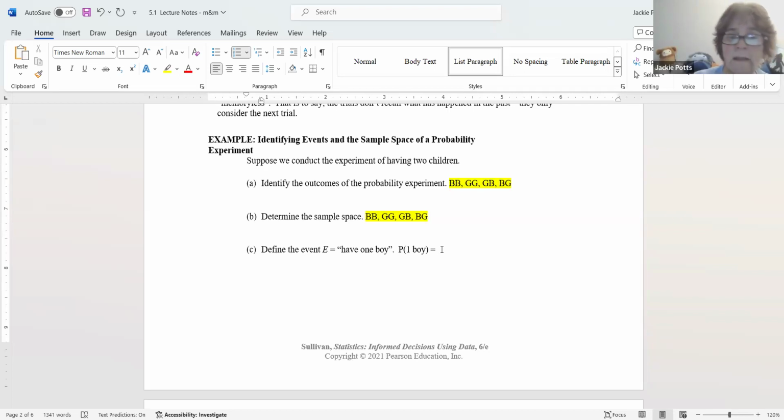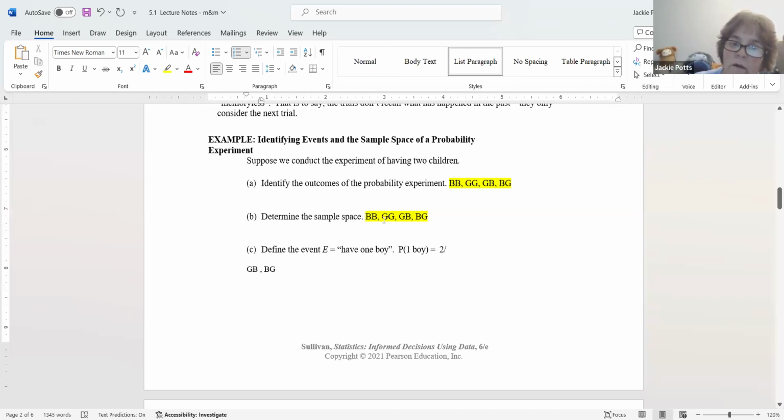So define the event E as having 1 boy. Well, that would be girl-boy, boy-girl, right? If I'm doing it as a probability, well, 2, because I have two ways of getting one boy, but out of how many possible?